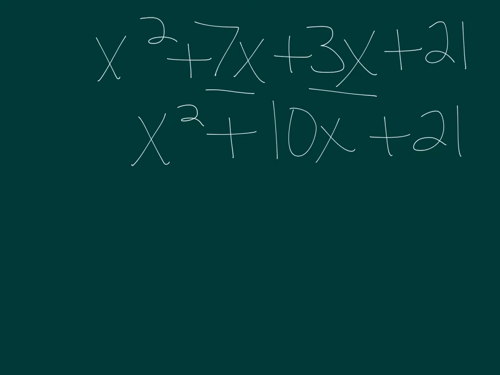Another way to do this, and this might be a shortcut, is to remember that your first term is always going to be the x times x, which is x squared. Do FOIL if the shortcut doesn't make sense to you. Now your second term is going to be your 3 and your 7 added together, so it's a positive 3 and a positive 7, which is a 10x.